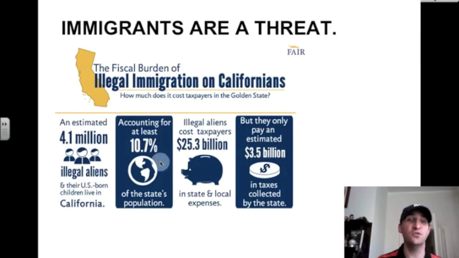This shows you the argument that immigrants do not pay taxes. They cost a government, in this case California in the United States, a lot of money. Illegal aliens cost taxpayers $25 billion in state and local expenses. But they only pay $3.5 billion in taxes. So this is the argument that says immigrants are a threat.